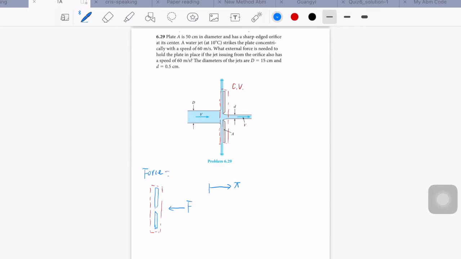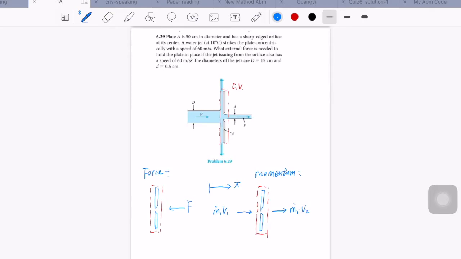And we also need to sketch a momentum diagram. So for the problem, we know there is m1 dot times v1 and m2 dot times v2.